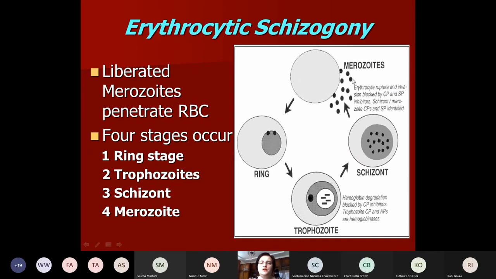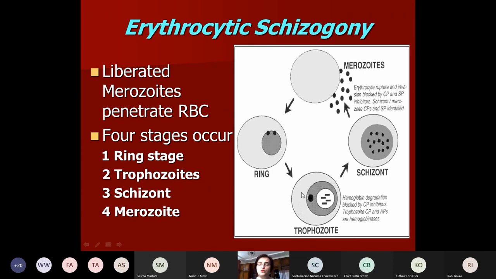Here you can see how all these processes happen in the red blood cells. Liberated merozoites penetrate red blood cells, the merozoites from liver cells. It's like the first step. Four stages occur after that. First the ring stage, which really looks like a ring under the microscope.